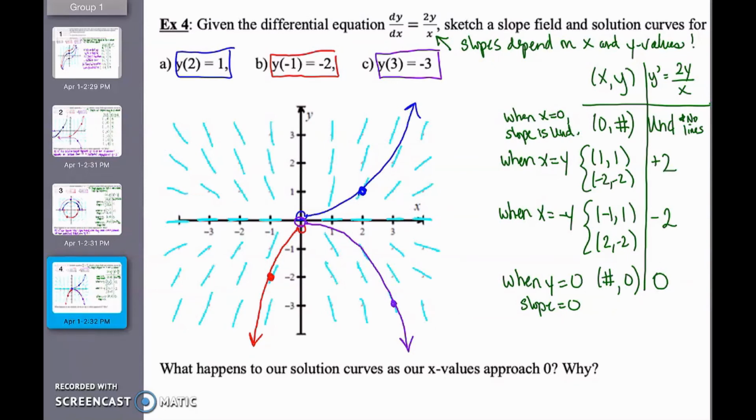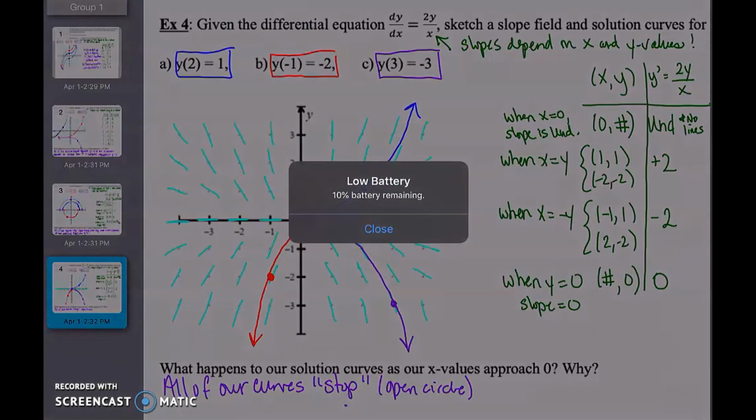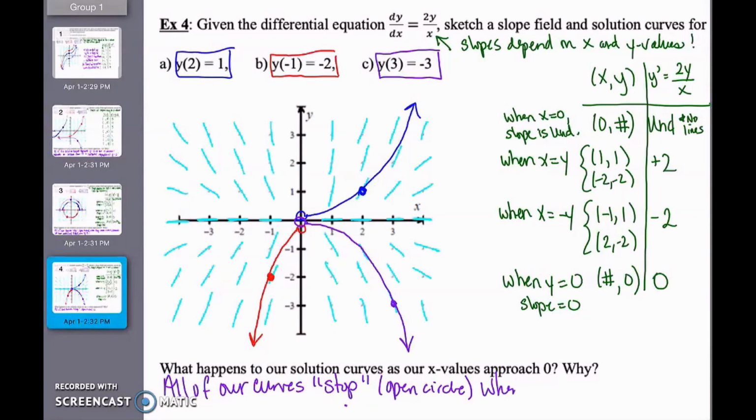Once again, we can say that all of our curves essentially stop, and we represent that with an open circle, when they reach the y-axis, which is when x equals 0, because we have undefined slope when x equals 0.